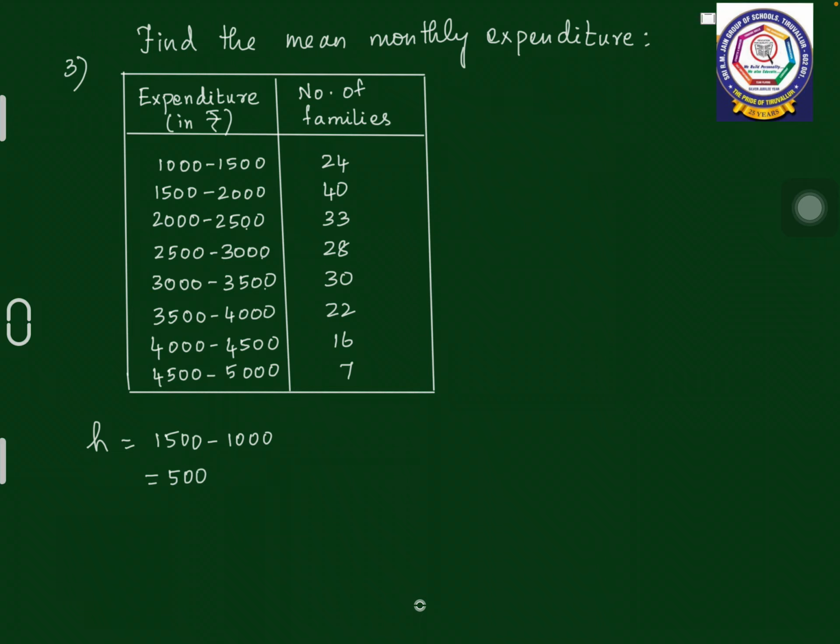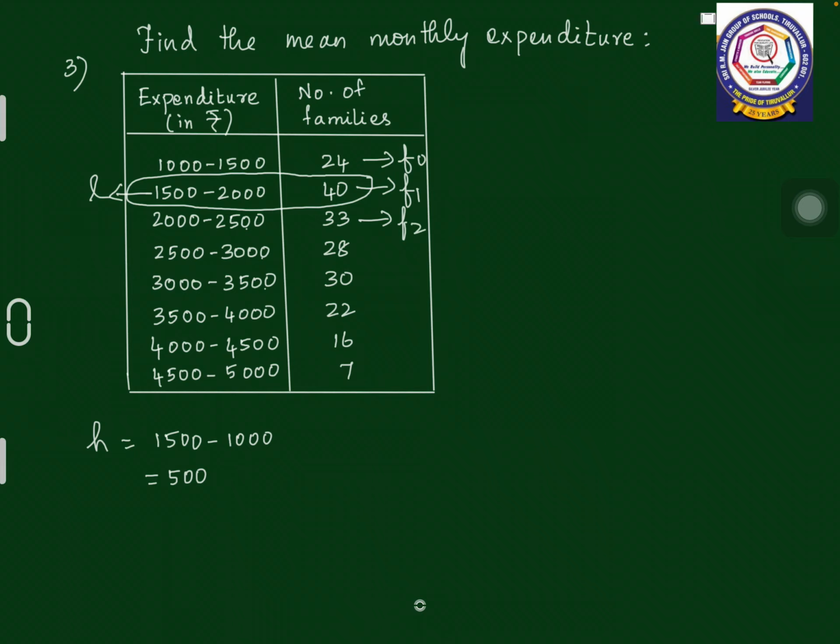And what do we have to do? We have to find the modal class. How to find the modal class? Which is the highest frequency in the given frequencies? 24, 40, 33, 28, 30, 22, 16 and 7. In that, 40 is the highest, so that should be chosen as the modal class. Whatever is the lower limit is your L, this is your F1, the preceding one is F0 and the succeeding one is F2.